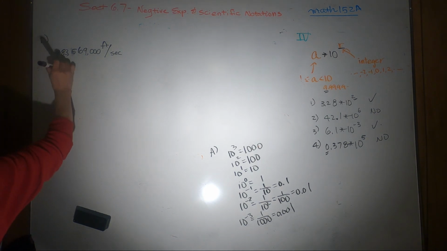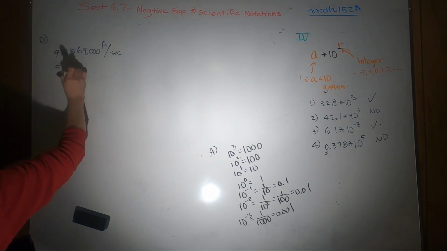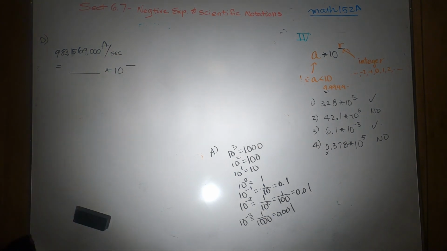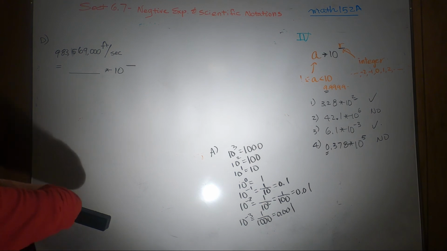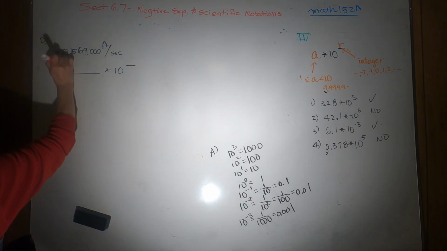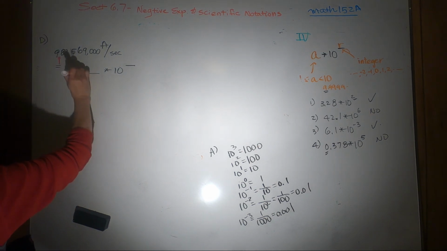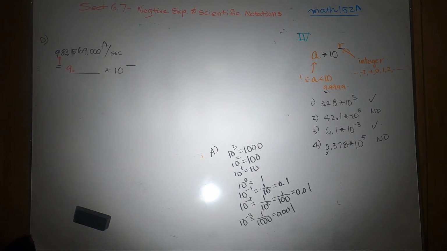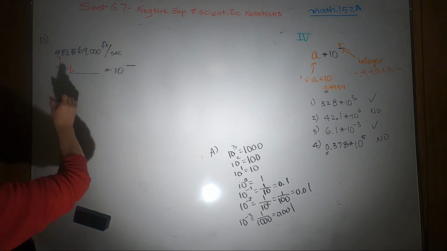To write it in scientific notation, what kind of number do we have to put here? Times 10 to the 4th power, right? So you can only use one number in front of the decimal point, so you have to put your decimal point here. So you put the 9 here, but you still need all the numbers you use, right?